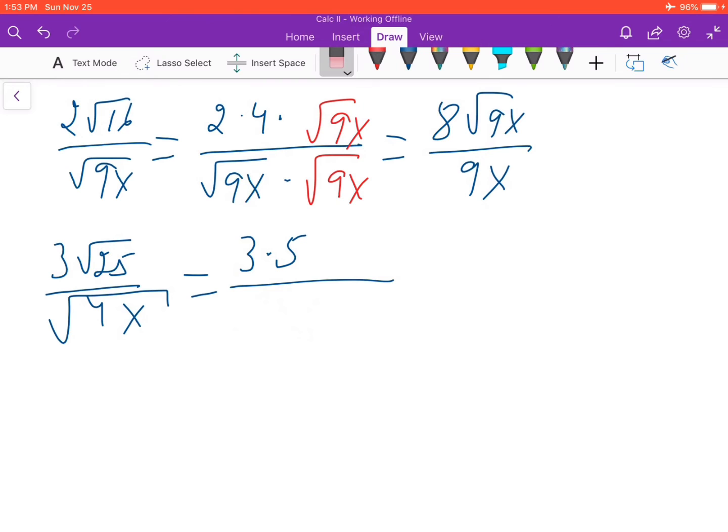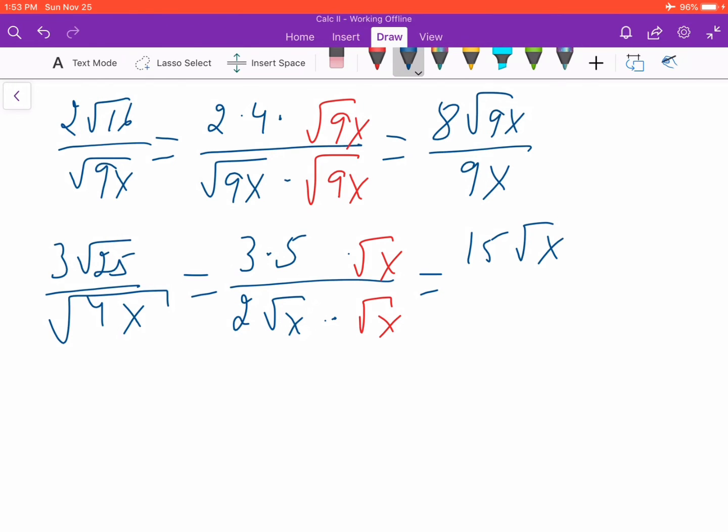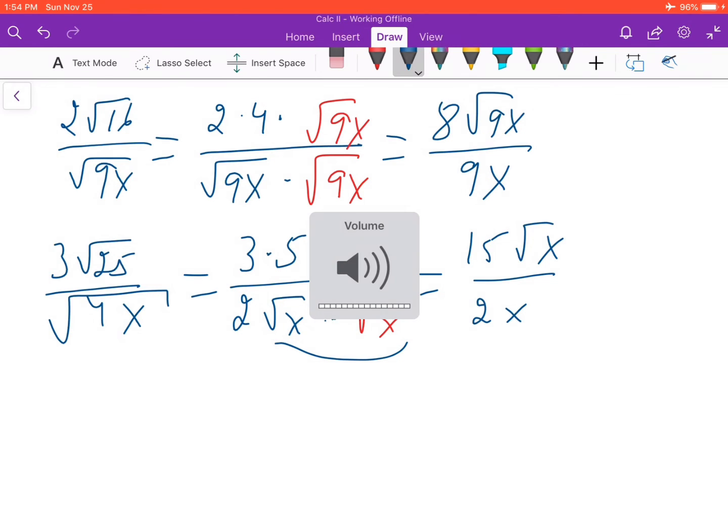Which will be 2 square root of x. And in this way, we need to rationalize only the square root of x, which means multiplying by square root x over square root x. And that will be equal to 15 square root of x over 2 times x, which is simply x. Yes?